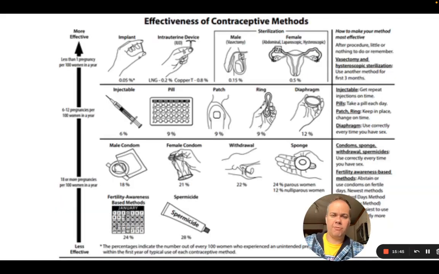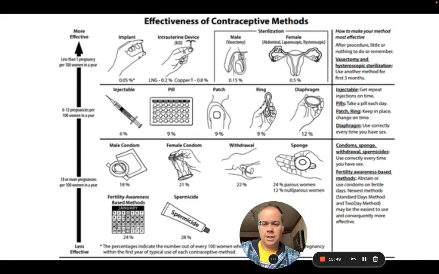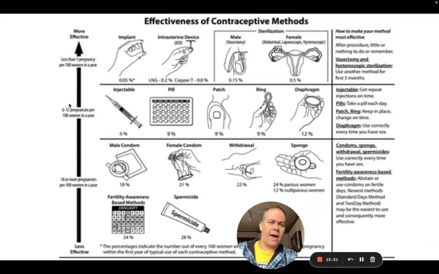So there's a variety of methods, and they vary in their effectiveness. We can see in this graph that the most effective methods of birth control are the sterilization techniques of a vasectomy or tubal ligation. You can see these numbers here represent the failure rate. So there's less than 0.5% failure rate of a vasectomy.